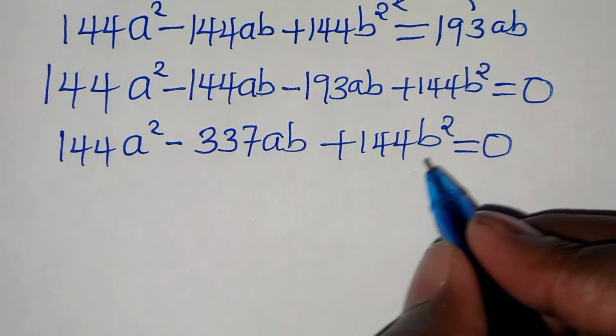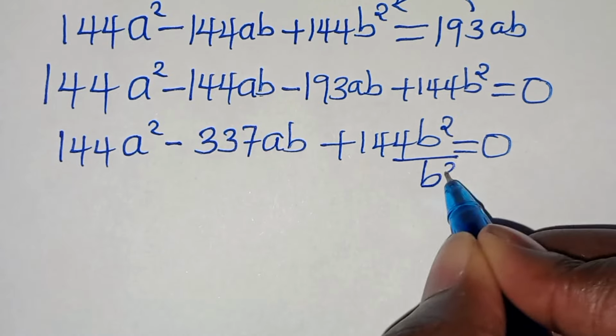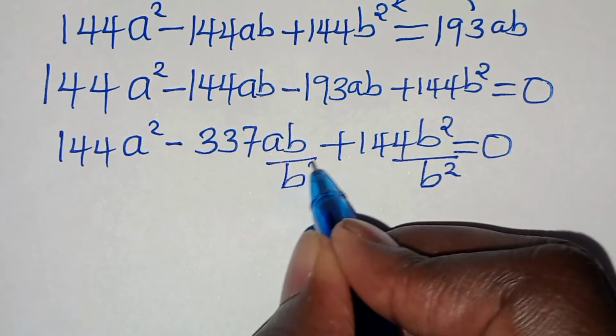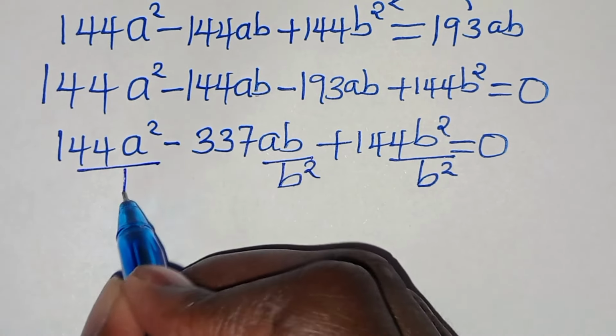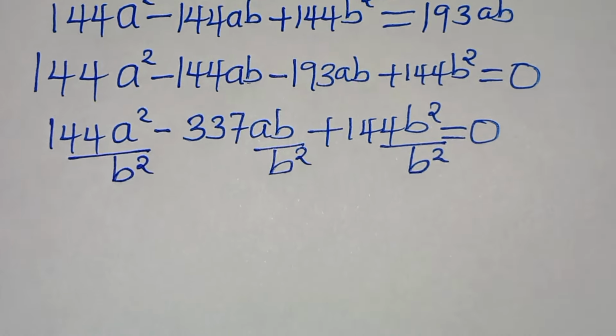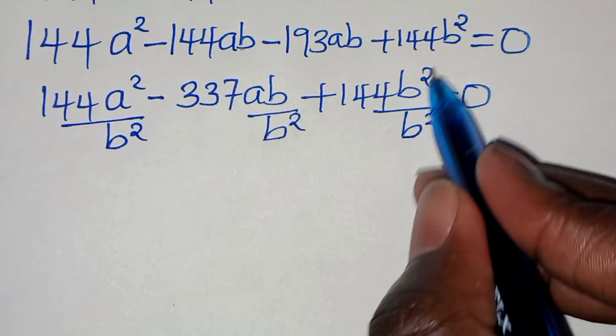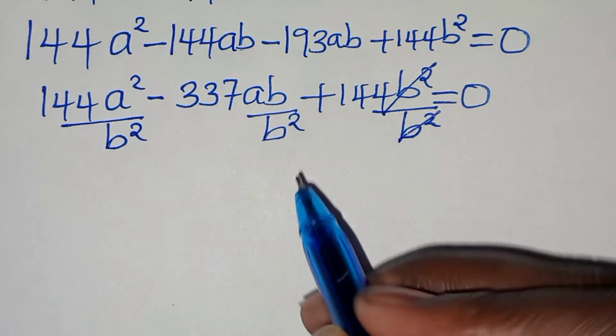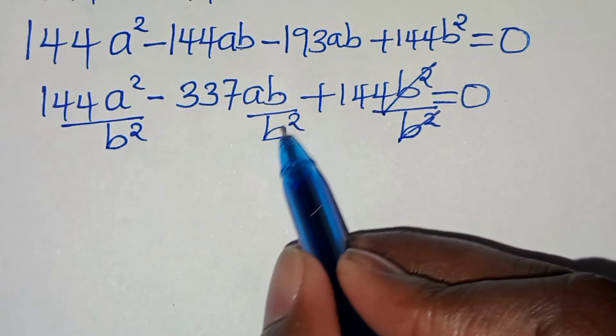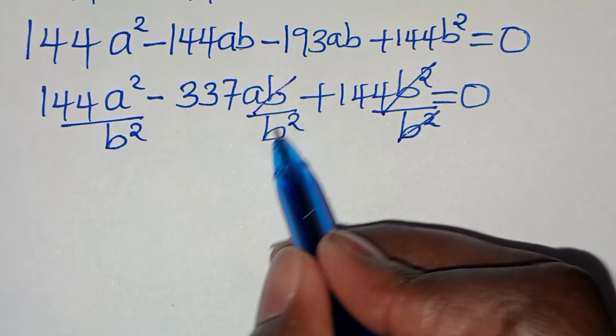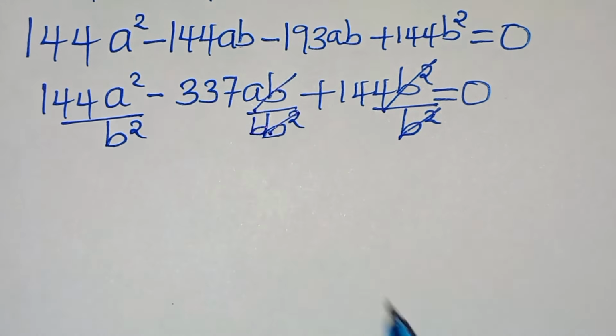Now, we can divide everything here by b to the power of 2, and also here we have b to the power of 2. So let's simplify b squared here and b squared. So in the denominator, if we simplify here, we retain b here.